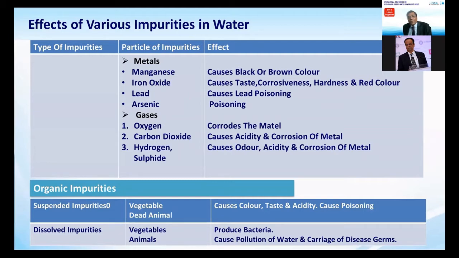address every problem. And one important thing to share with my audience and the participants is that normally we ask our experts, EPC contractors, or the water treatment equipment supplier, I need a 10 liter, 20 liter, 1000 liters per minute drinking water plant.